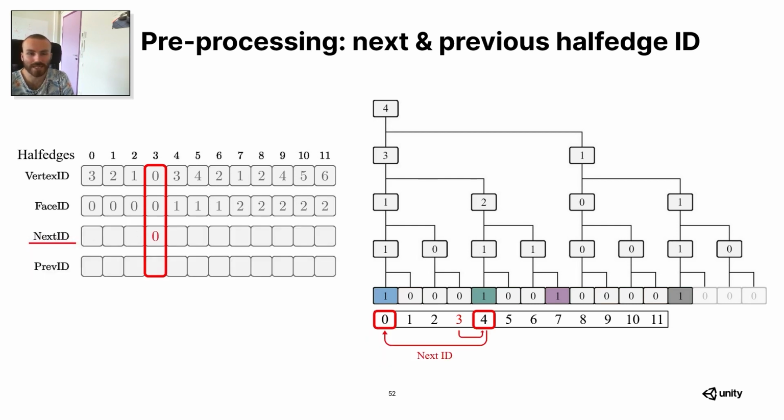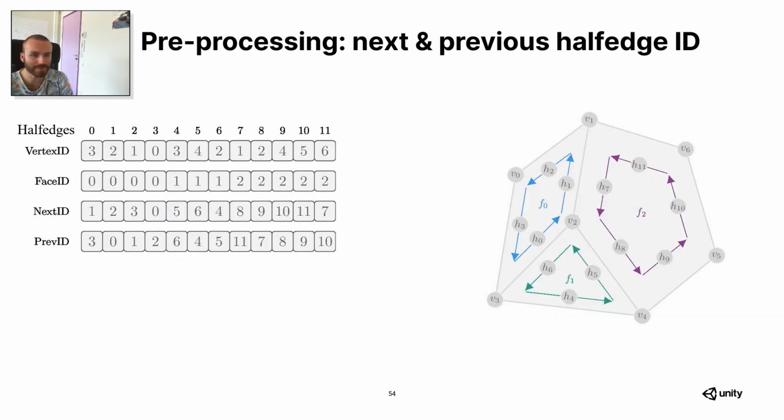Then finally, the next ID and previous ID simply correspond to our current ID plus 1 and minus 1, modulo the amount of half-edges in the face. Here for the next ID, we have to loop back to the start of the face, and here for the previous ID, we don't. At the end of this step, we've computed the next and previous operators of each half-edge in parallel.